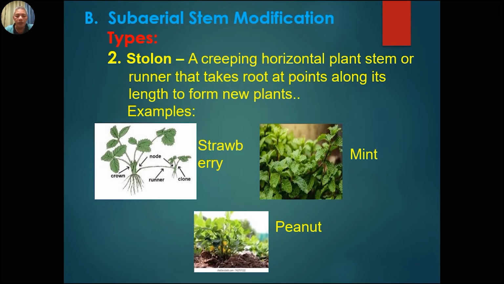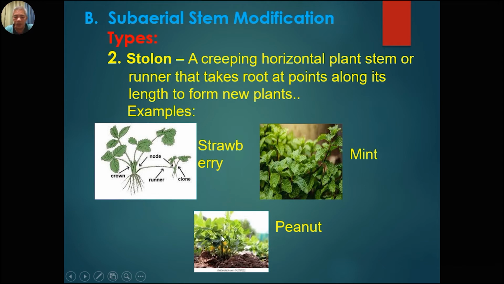Another type of subaerial stem modification is the stolon. This is a creeping horizontal plant stem or runner that takes root at points along its length to form new plants. Examples are strawberry and mint. I just want to know if you are familiar with the mint.